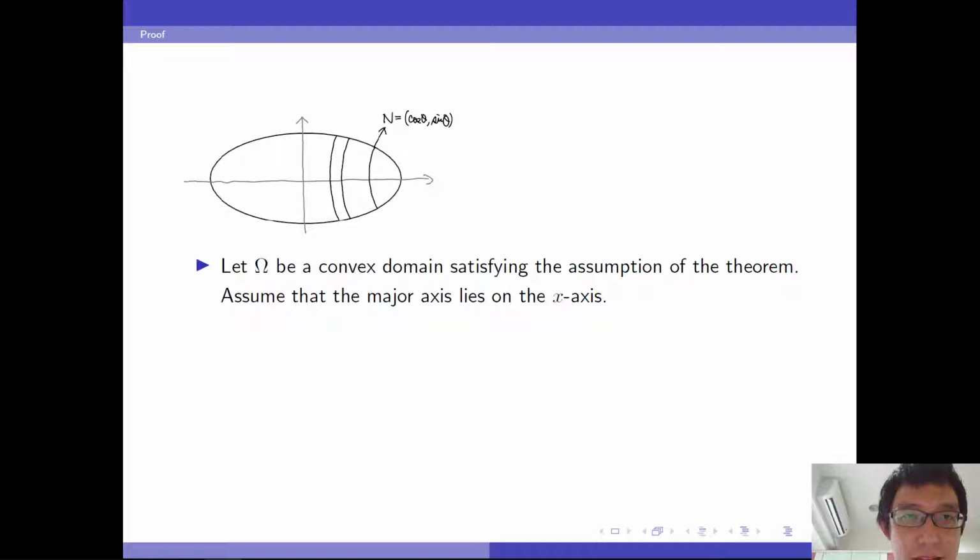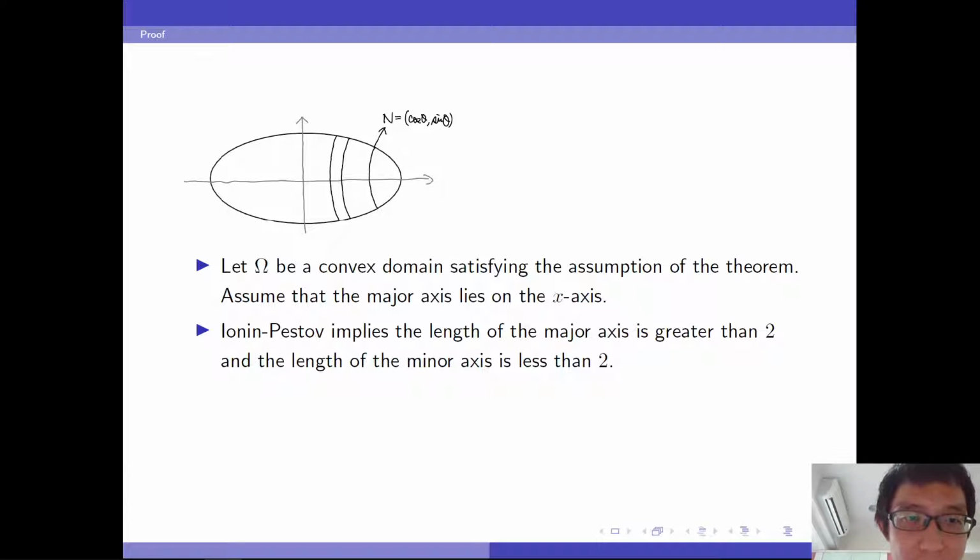The setup is shown in this picture. Here, omega is a convex domain satisfying the assumption of the theorem. We assume that the major axis lies on the x-axis.